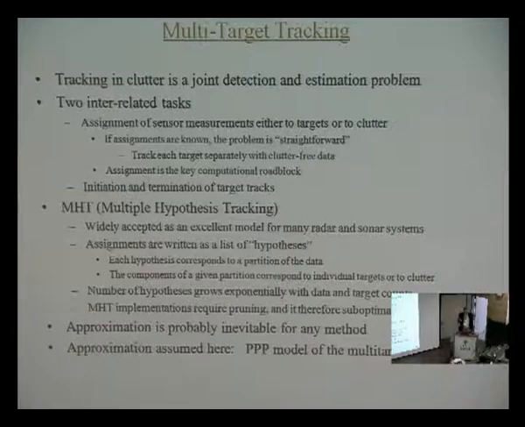Each hypothesis, for those who are used to hypothesis, meaning say target present, target absent, in MHT the hypothesis refers to one hypothesis is a partition of the whole data set over time into data that belongs to target 1, target 2, etc., clutter. A partition in the whole is one hypothesis.